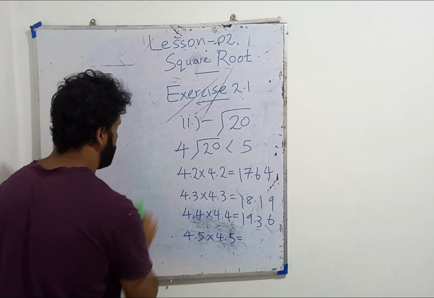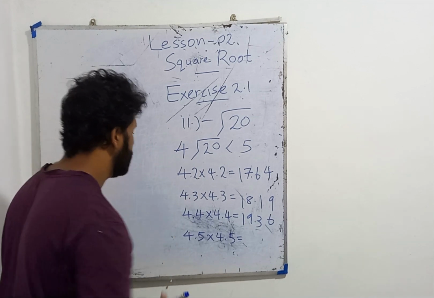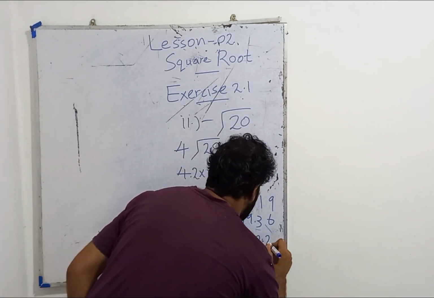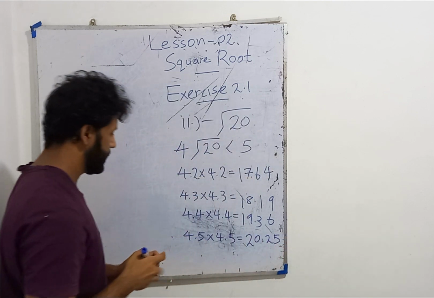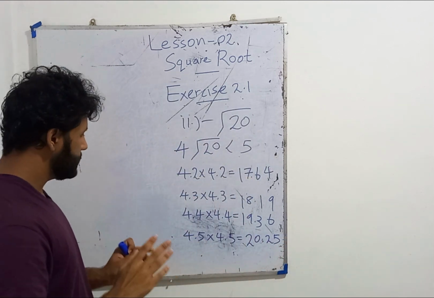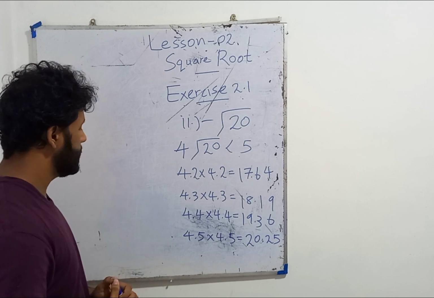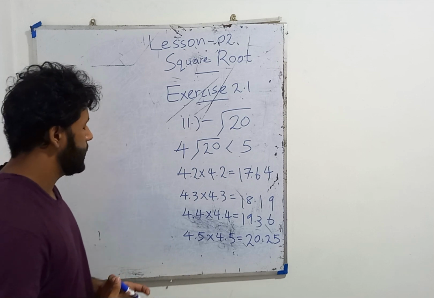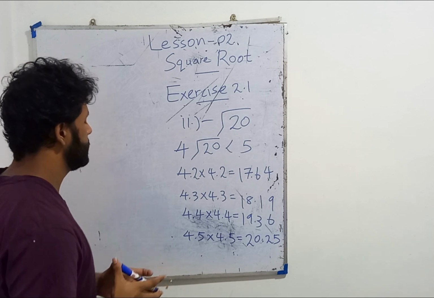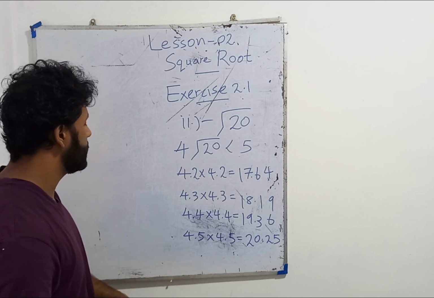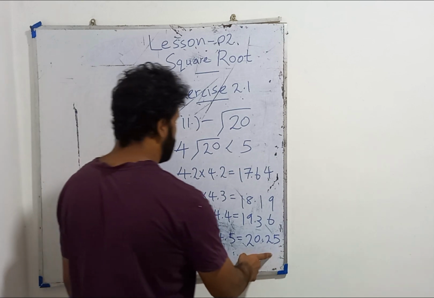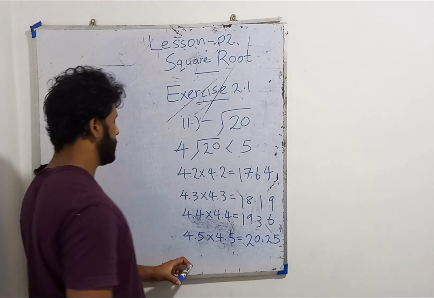Simple, right? This is simple. 20.25, right? 20.25. Now 4.5, that's exceeding 20, so we don't have to take 4.6.